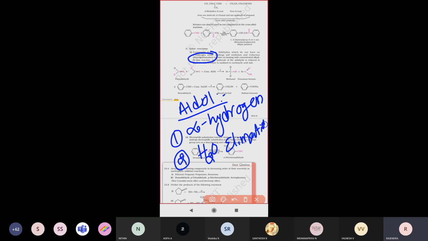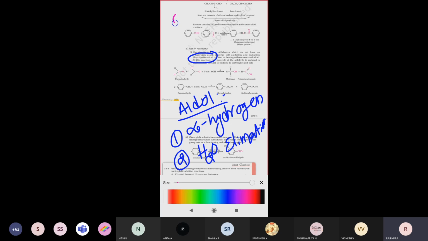So this is called aldol condensation. Aldol condensation compulsorily requires an alpha hydrogen atom, and during that reaction some water molecule is also eliminated. That is called aldol. Now we are going to talk about the Cannizzaro reaction.